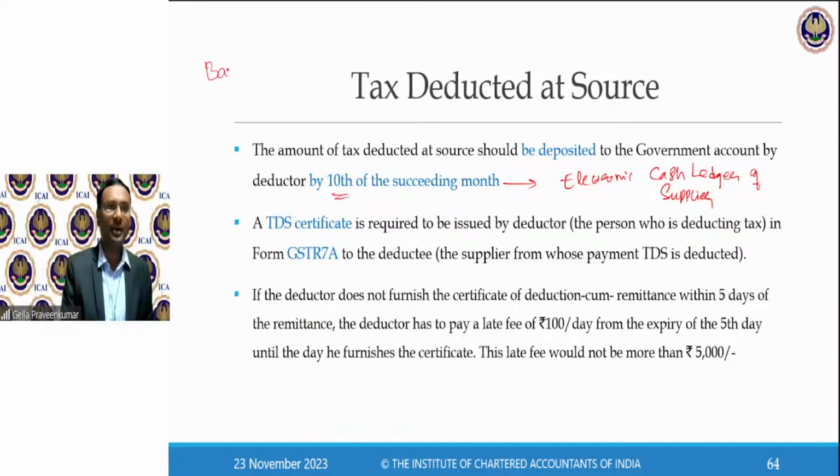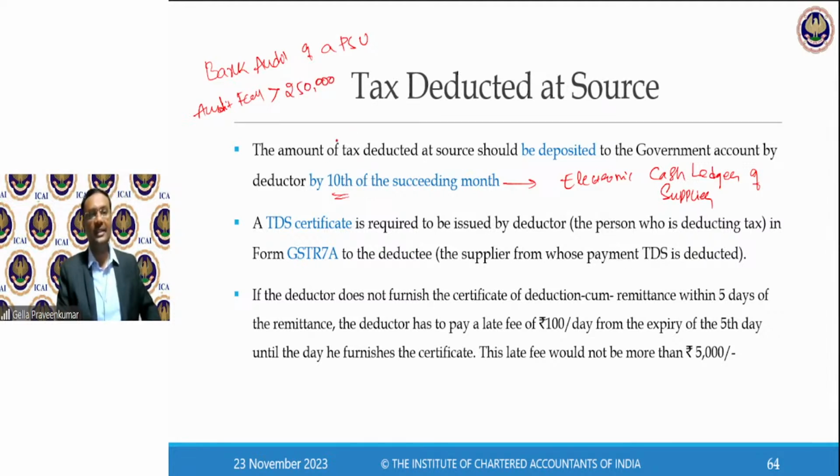If you have done a bank audit of a public sector undertaking, a PSU, and if your audit fees is more than rupees 2,50,000, then you would have seen that the bank, while making the payment, would have deducted 1% CGST, 1% SGST, or 2% IGST. This would have been deducted. And this money, I have to log into my GST portal. There is a window for TDS, TCS credits received.